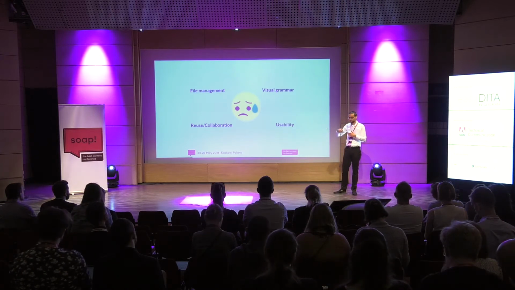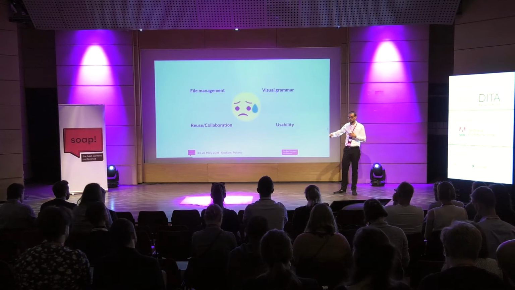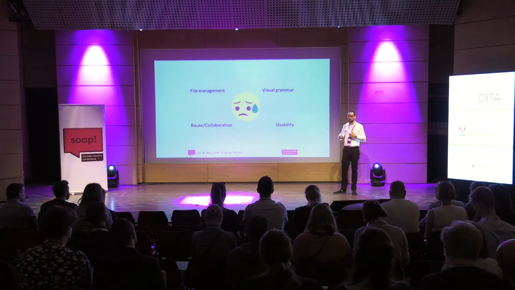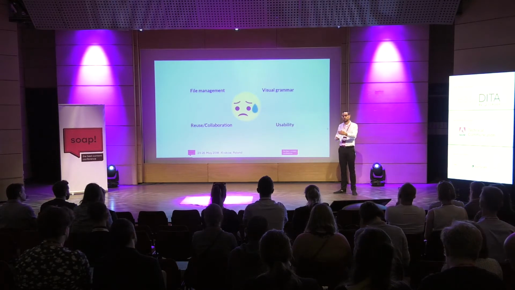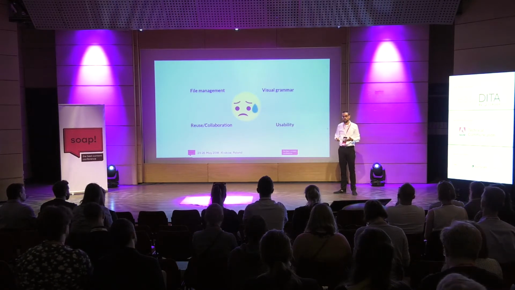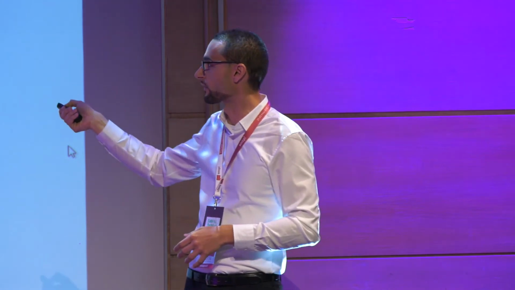If you are a bigger organization, then there are questions about reuse and collaboration. Are you able to find the graphic that would make sense in the piece of content that you're currently authoring? And even when you've managed to find it, is the way in which the graphic was created going to clash with the other assets that you have included in your document?